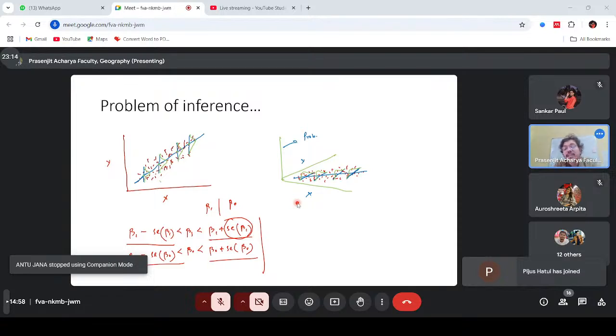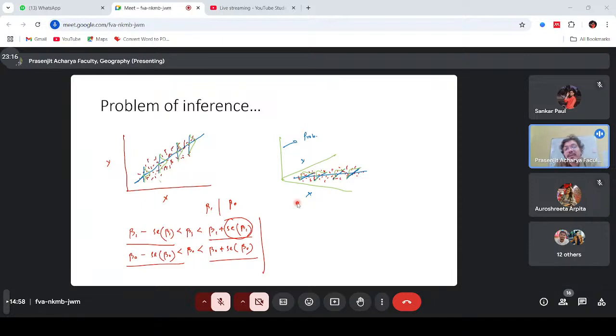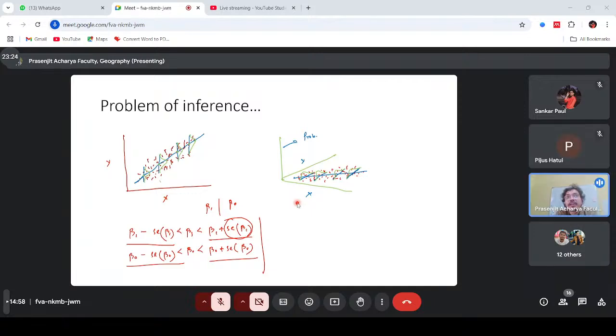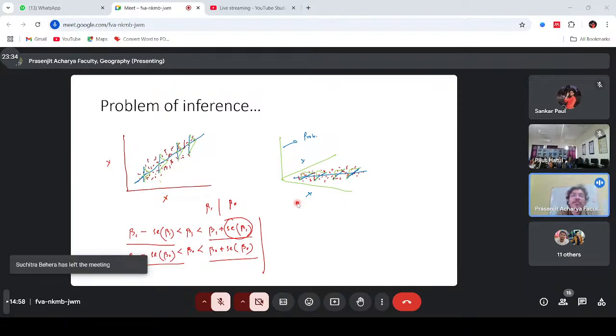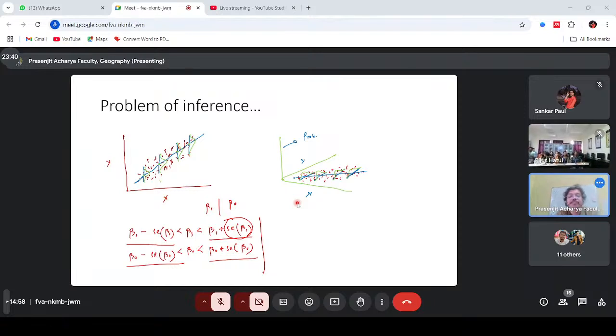We cannot say with full confidence that this would be the population estimator if we really did a lot of experiments, right? We cannot say that if you do a repeated experiment, this would be the population estimator, because the estimator is supposed to change as the sample values change.